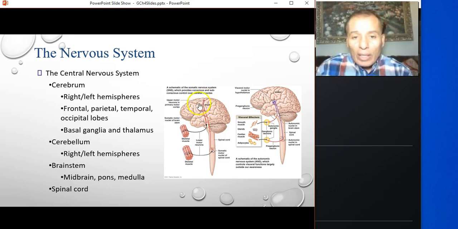So that area here that you could see these little wires coming from is called the motor cortex or the motor strip. That is part of the frontal lobe. That whole area has a map of your body, and every part of your body has a set of neurons that actually move it.